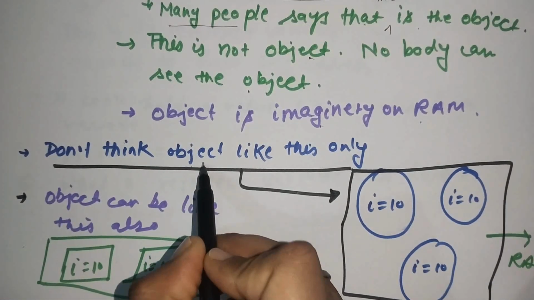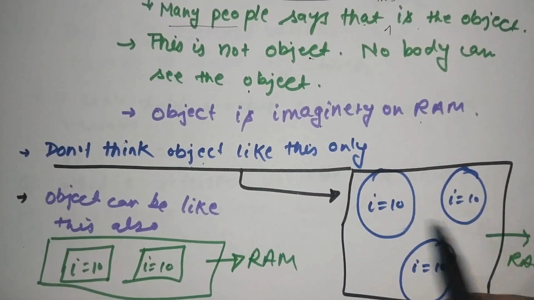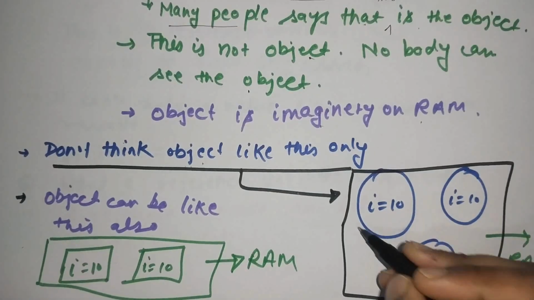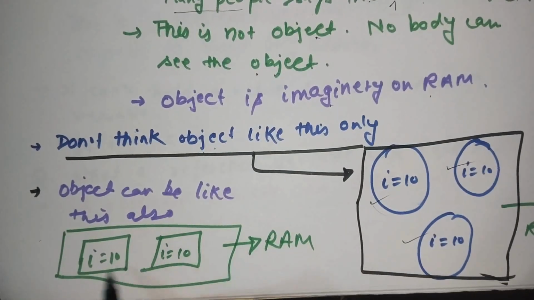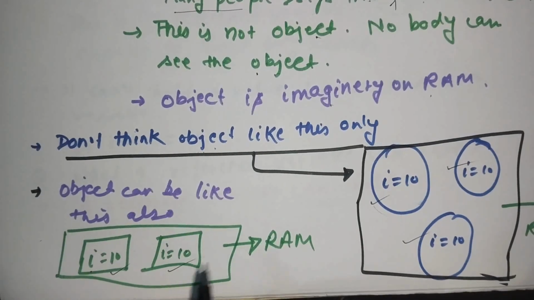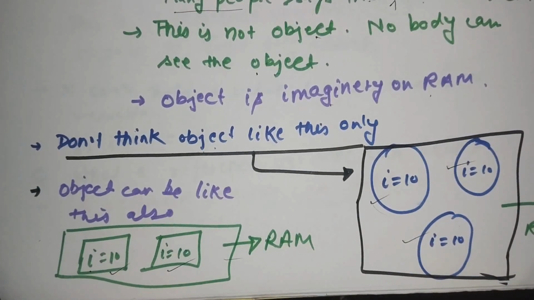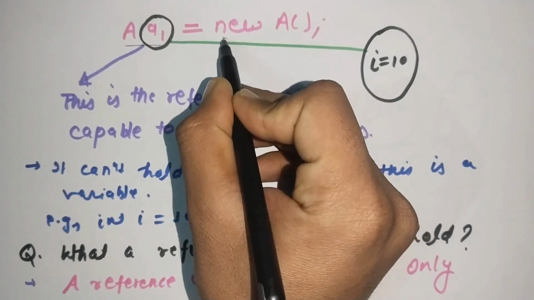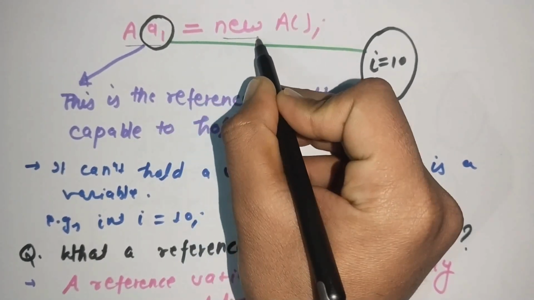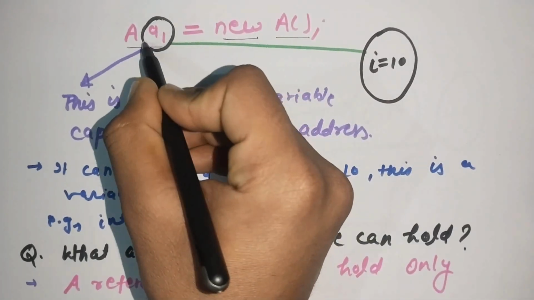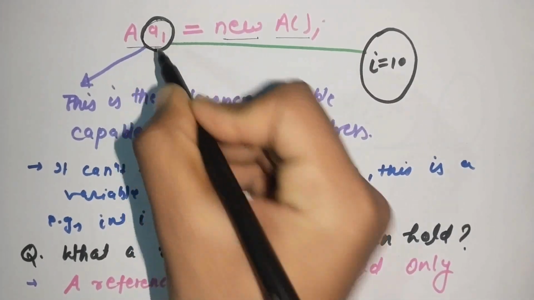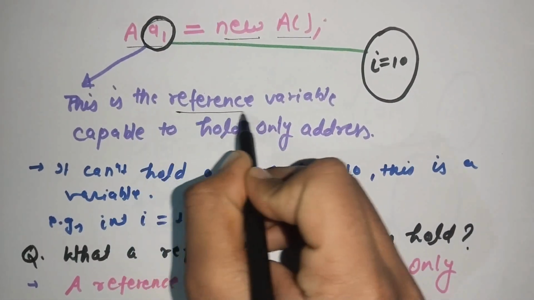Don't think of the object like this only. The object can be like this also on RAM. A1 is equal to new keyword followed by the class name with parenthesis. Here A1 is the reference variable.